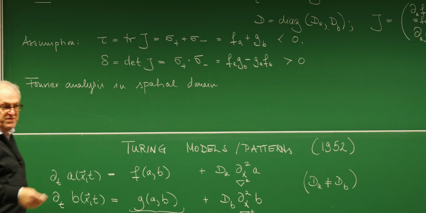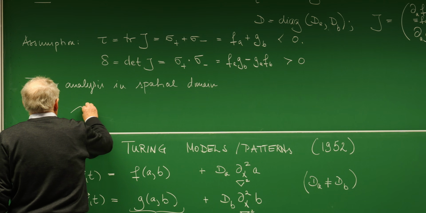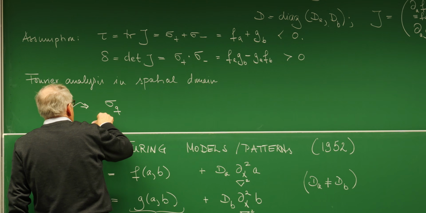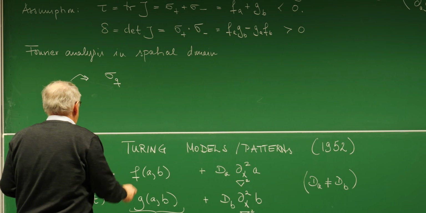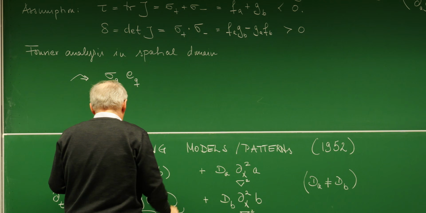And as always, for simplicity, we don't take any kind of weird spatial domain. Just think of something of infinite extent. And then you know that we get an eigenvalue problem for the eigenvalues sigma q, the eigenvectors eq.